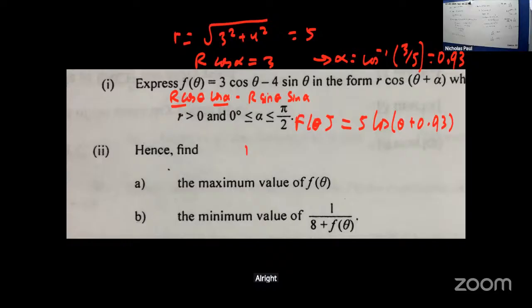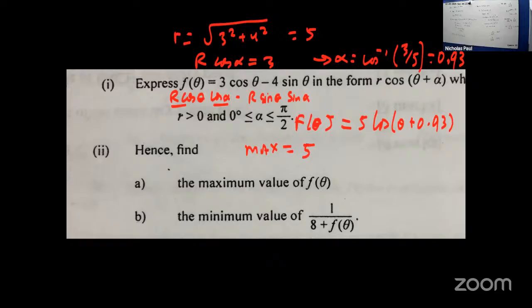All right, try and redeem yourself here. What's the maximum value, Nathan? What's the maximum value? Nathan, you can tell me what's the maximum value, please. What was the answer earlier? Max value is 5.